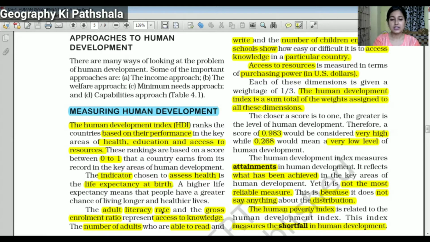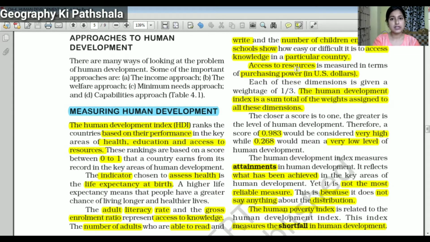The second indicator is the adult literacy rate and the gross enrollment ratio, which represents access to knowledge. The number of adults who are able to read and write, and the number of children enrolled in school, shows how easy or how difficult it is to access knowledge in any particular country.